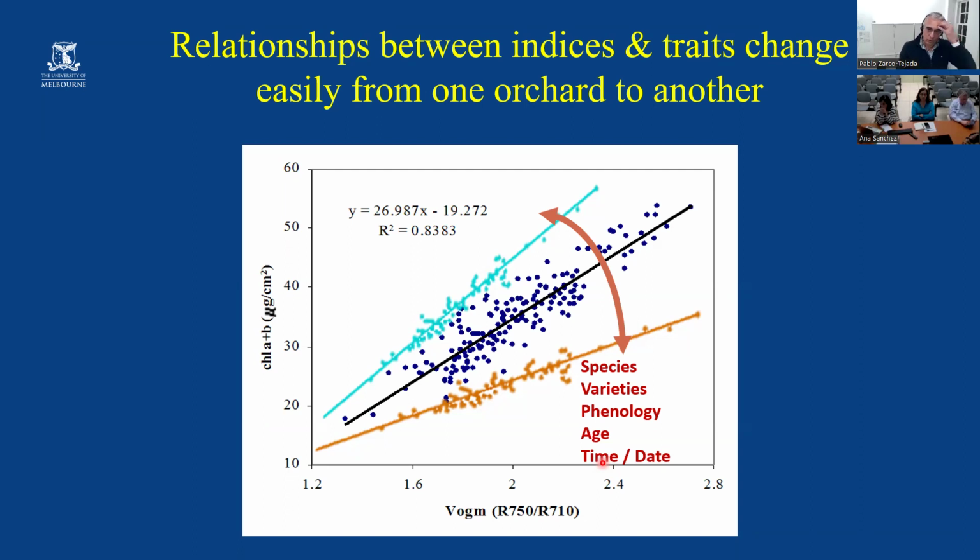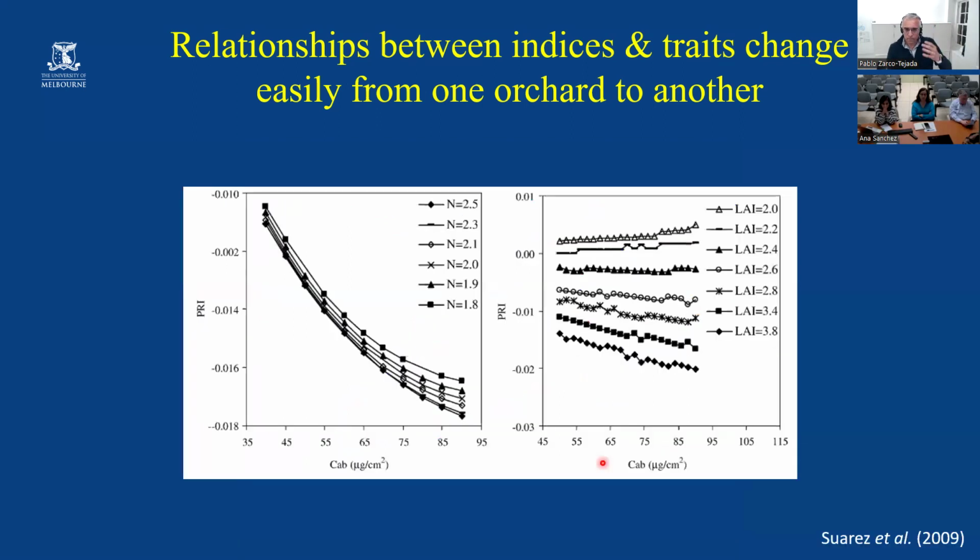So that's absolutely critical. If we go back to papers that we published many years ago, we can see here that PRI, one of the most important indicators that we used and demonstrated in the case of Xylella, could be used for early detection. This is what happens to the PRI index as a function of the amount of chlorophyll concentration or as a function of the changes in the leaf area index.